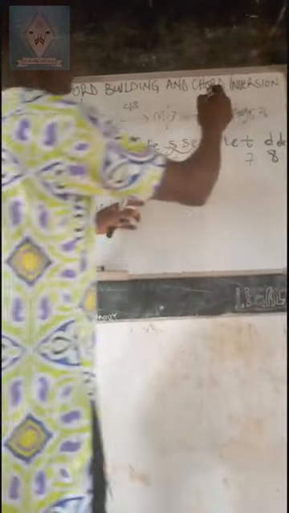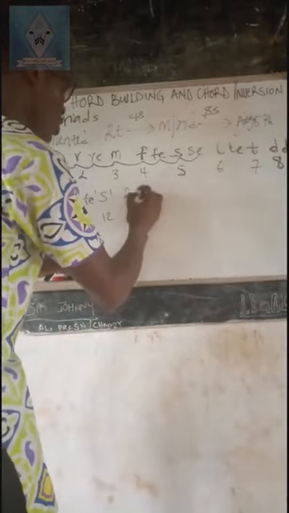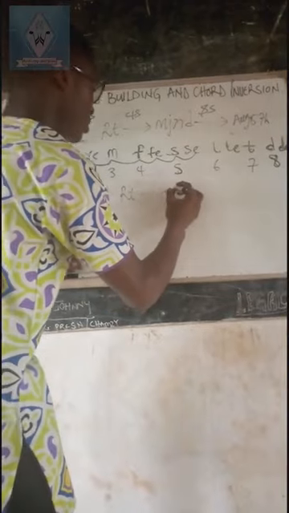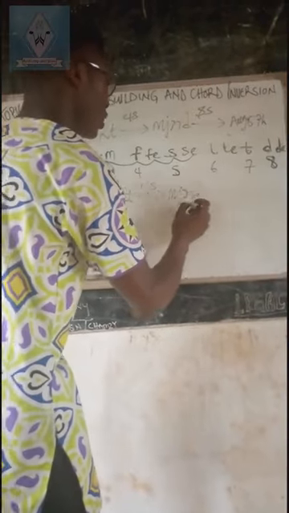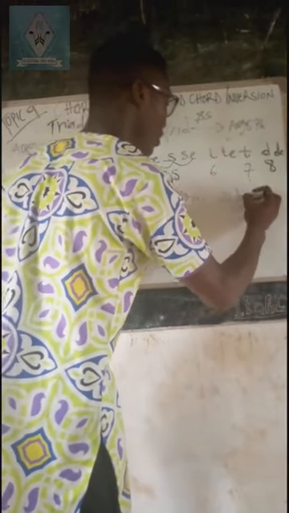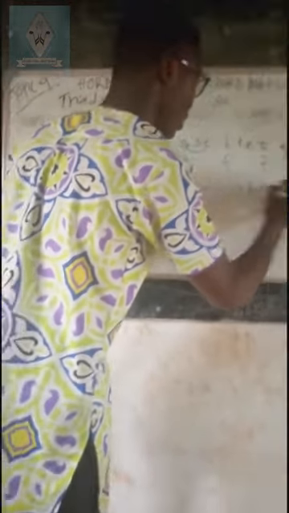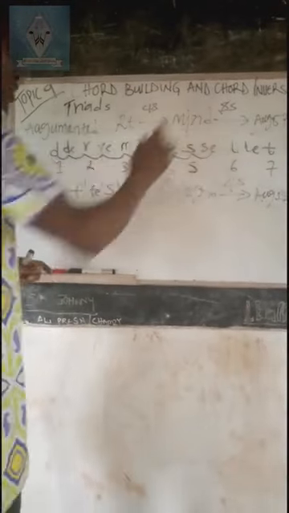Augmented fifth. So if from the root to the third is 4 semitones, from the major third to the augmented fifth is also 4 semitones. I'm removing 4 from 8.